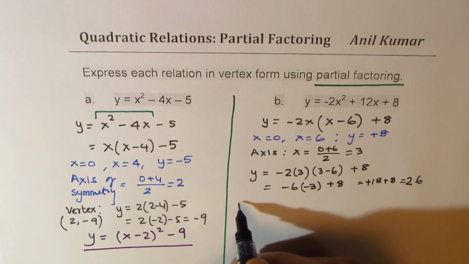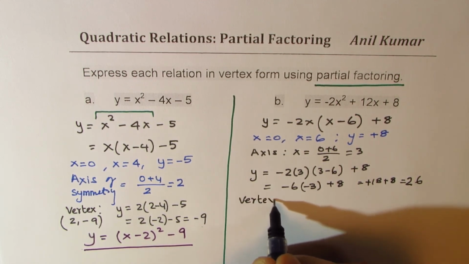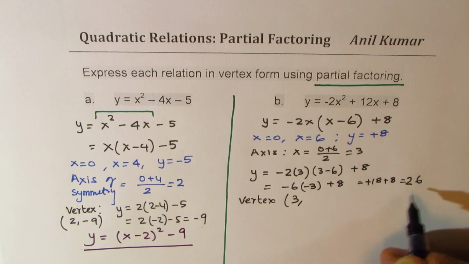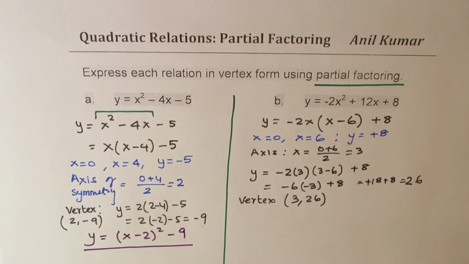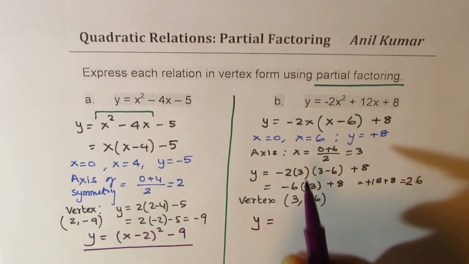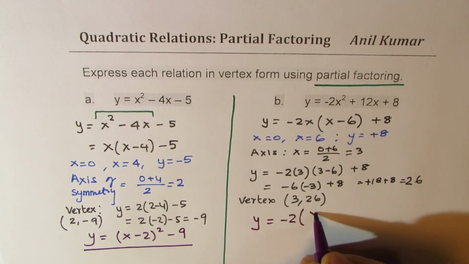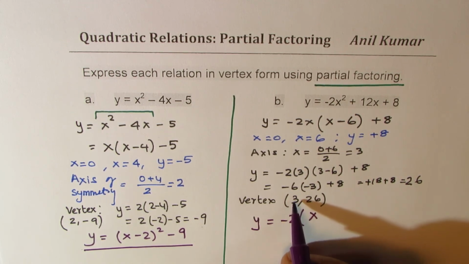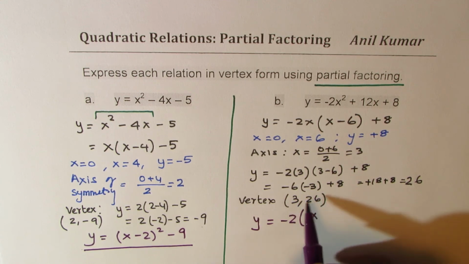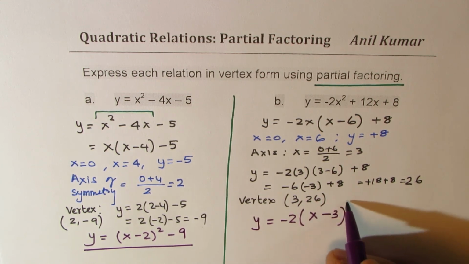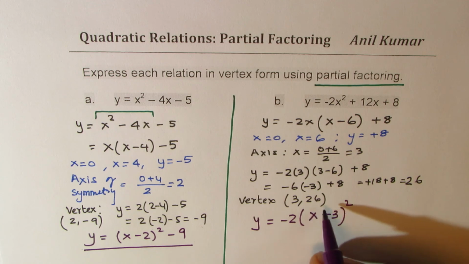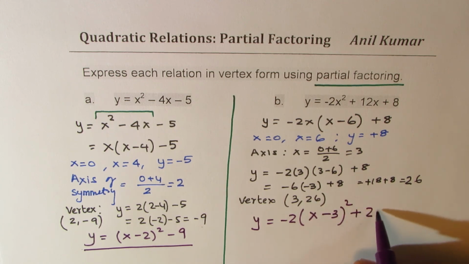Since we get the vertex now at x equals 3 and y equals 26, we could write the vertex form of the equation as y equals minus 2 is the a value, right? So minus 2 times (x minus 3), since 3 is your vertex x value, whole squared, plus 26, right?